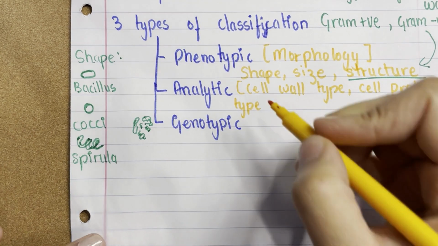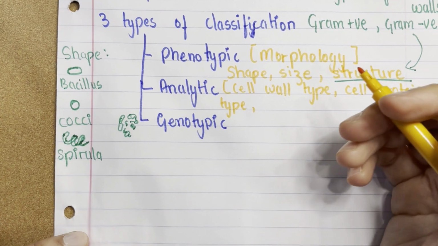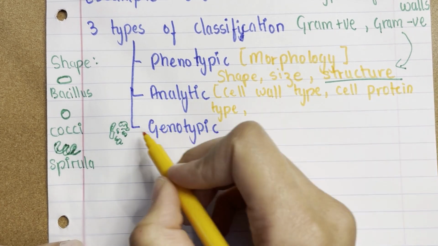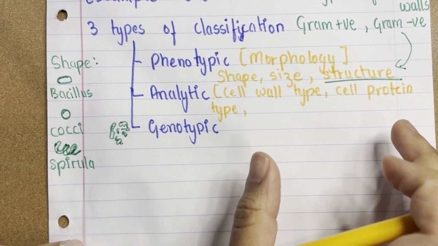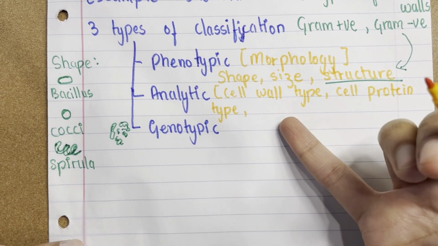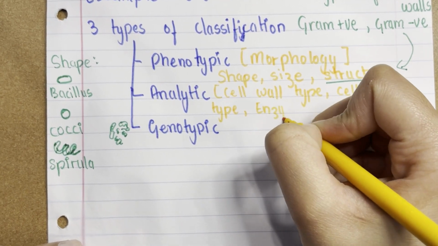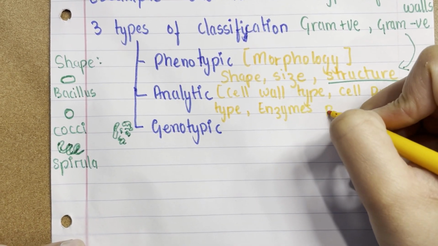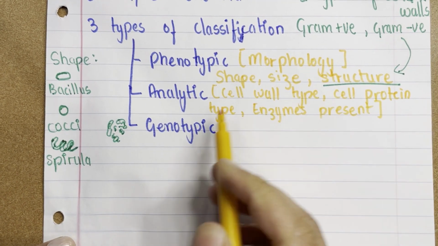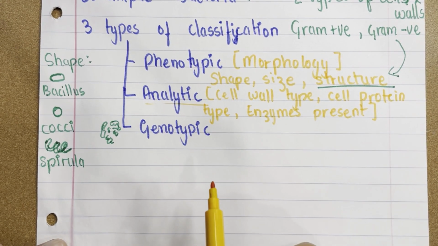So the protein types, the organelles they have are different, in both prokaryotes and eukaryotes. So this is a general understanding. So cell wall type, protein types, also the enzymes that are present in the cell. All of this comes under the analytic classification of bacteria.